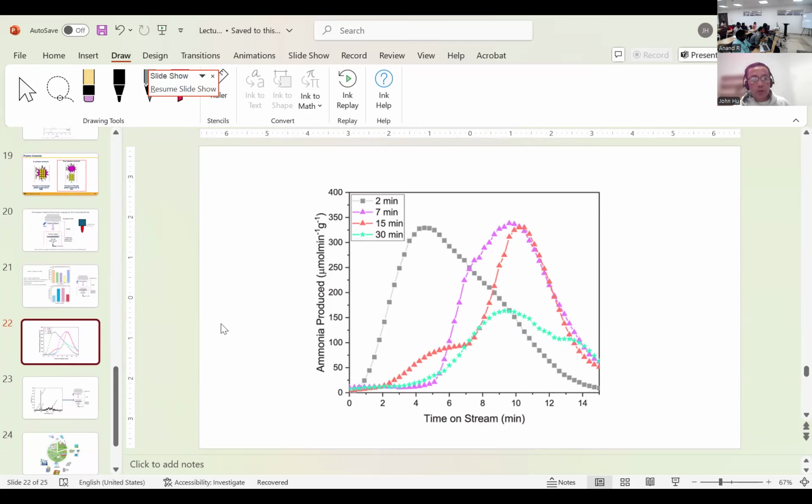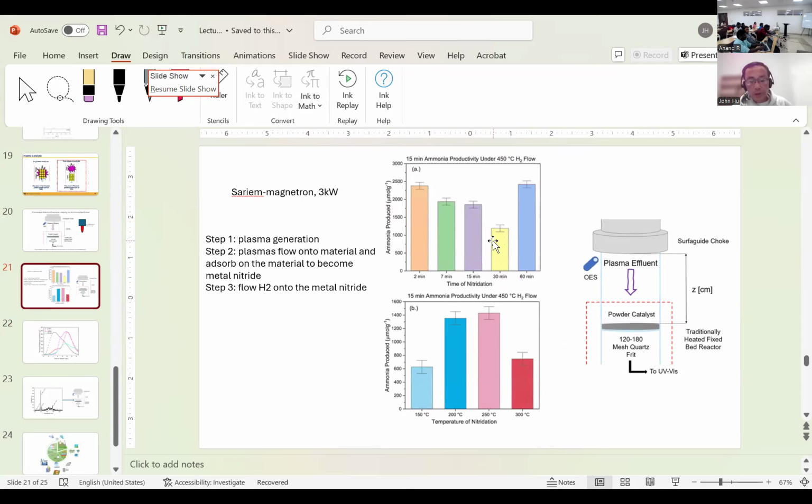Basically, instead of showing you the bar chart, we show you the curve. So this curve is equivalent to this, but this is just the individual 2 minutes, the average. But for each individual 2 minutes, 7 minutes, we basically show you how the curves look like, time on stream.